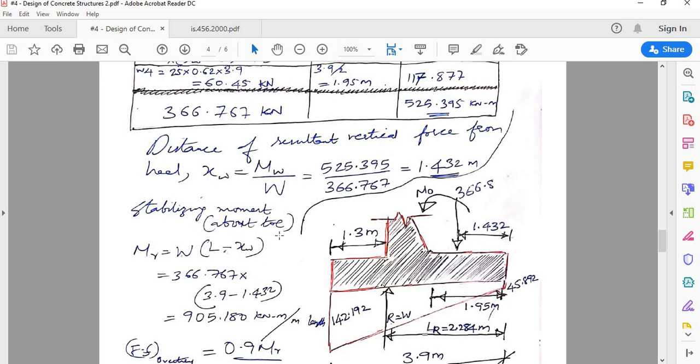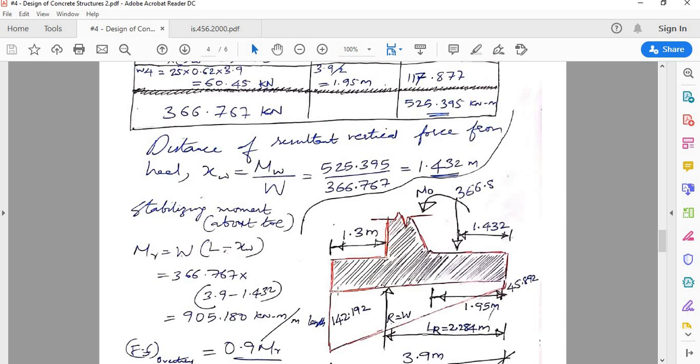So the actual stabilizing moment we had to calculate about the toe. That calculation is done here. It is the total force, which is W, into distance. The resultant of this force is at a distance of 1.432 from the heel.